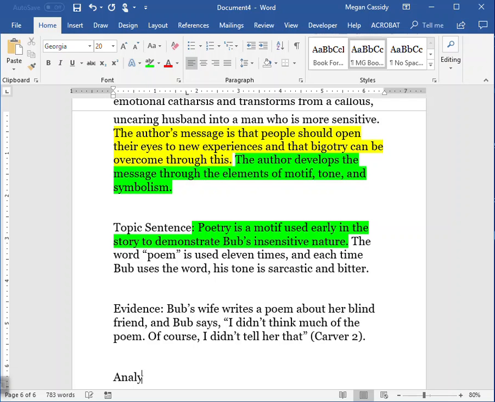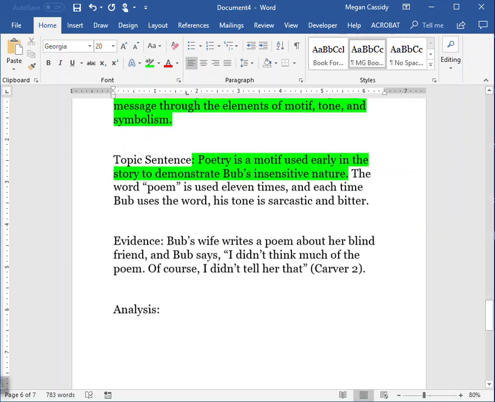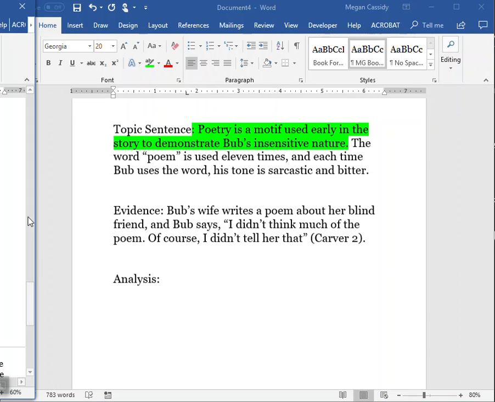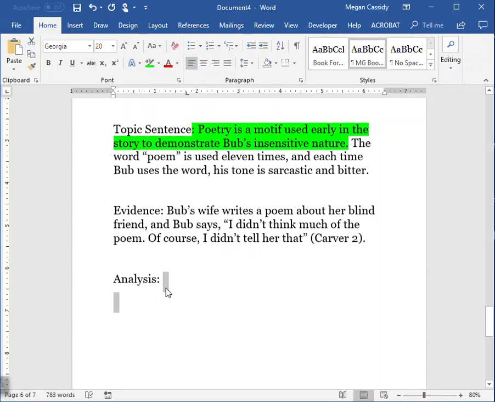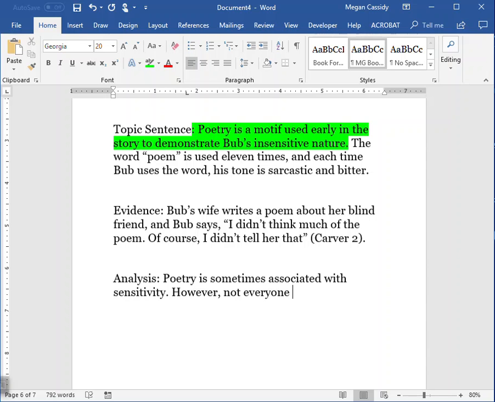And my analysis. So the analysis here, I probably would go into more depth than this if I were actually writing a paper, but I think poetry is sometimes associated with sensitivity. However, not everyone who is insensitive hates poetry, right?